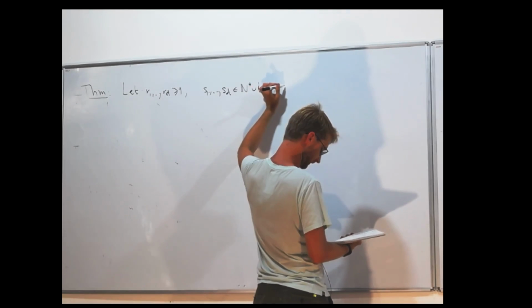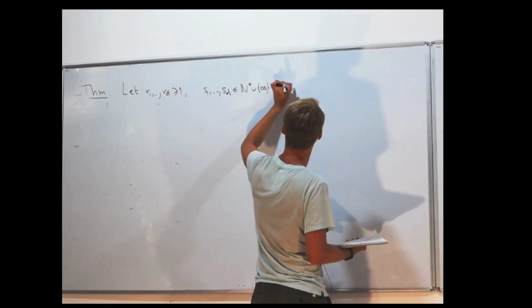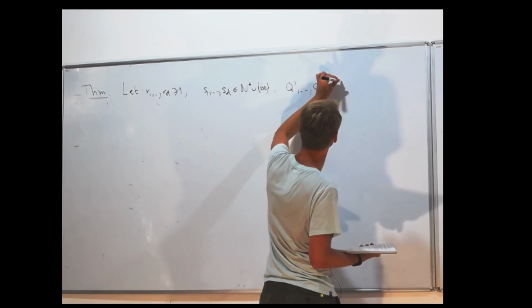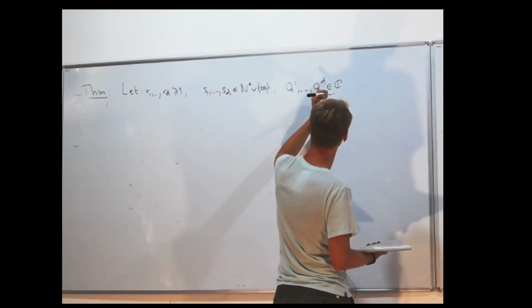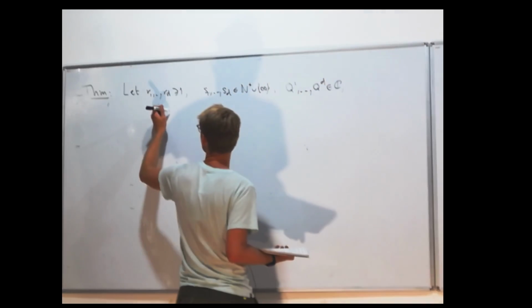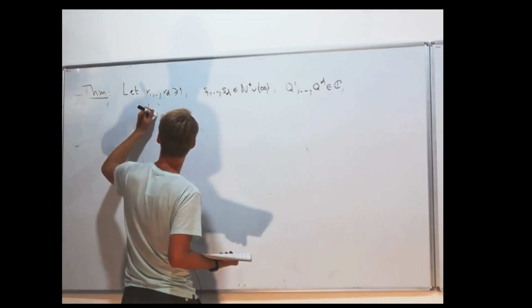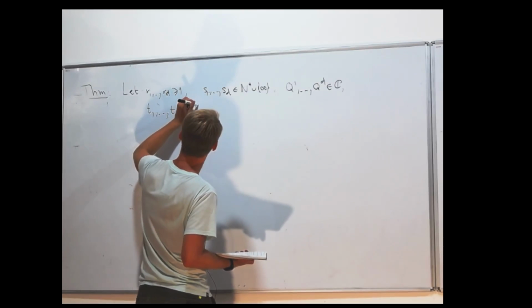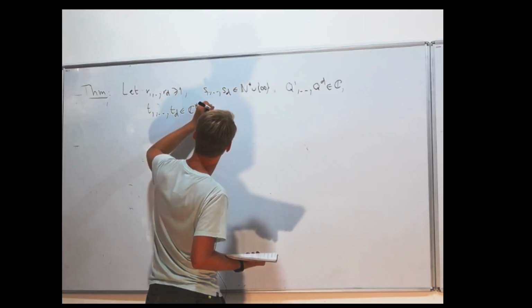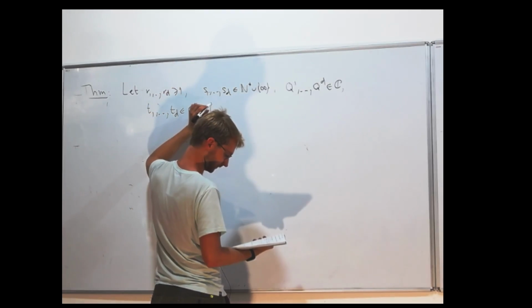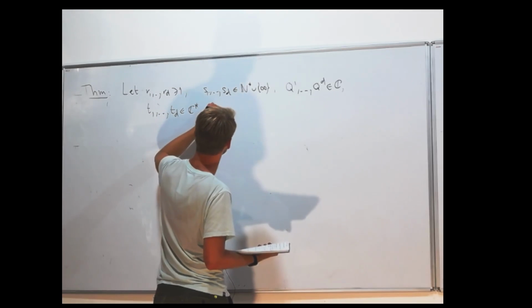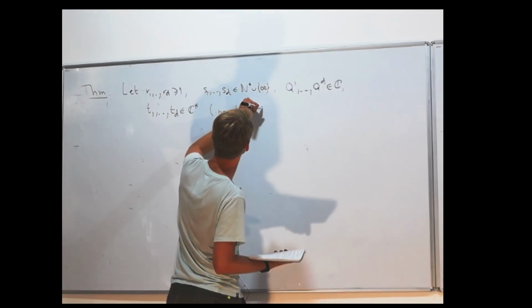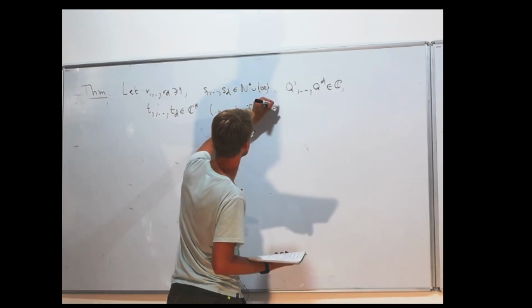We also want to have Q1 up to Qd complex numbers and T1 up to Td non-zero complex numbers. Well, we don't want any Td if Sd equals infinity. So.